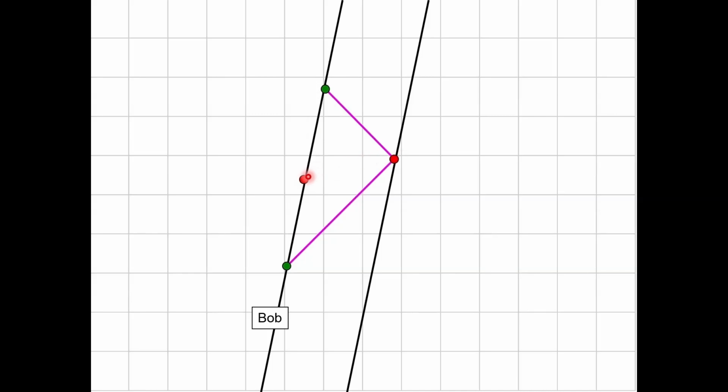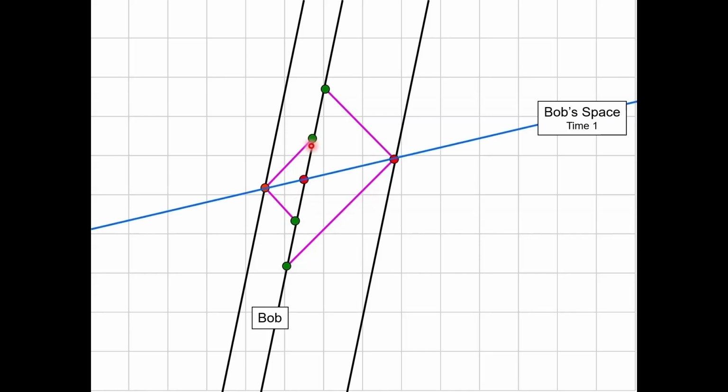So these two red points happen at the same time. And to define space, we look for all the points where the procedure gives us the same middle point between sending and receiving the information. This blue line is all these points, which define Bob's space at this time on its world line. Let's call it time 1.